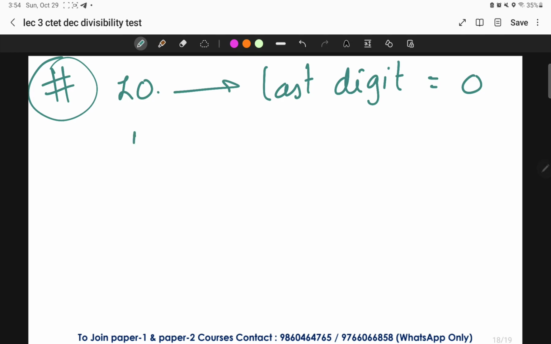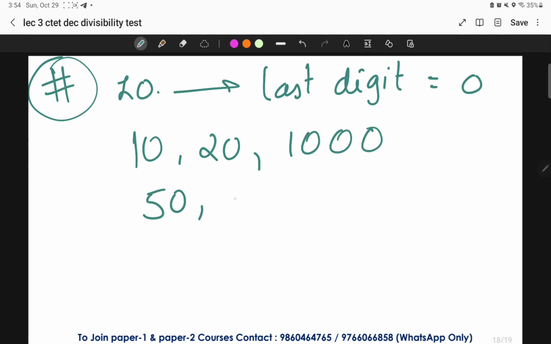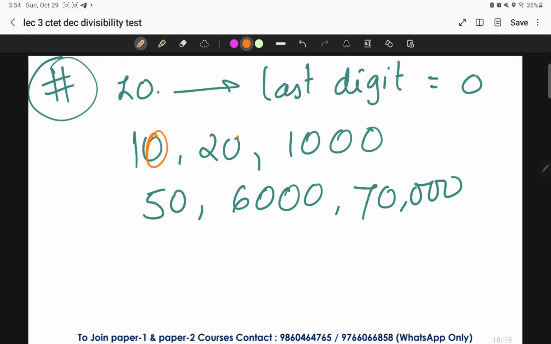For example, 10, 20, 1000, 50, 6000, 70,000. In all the given numbers, the last digit is 0.